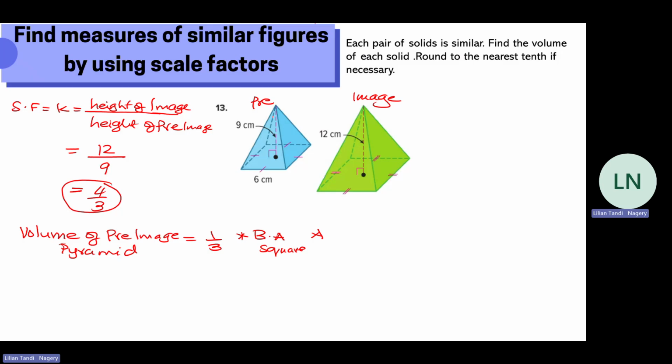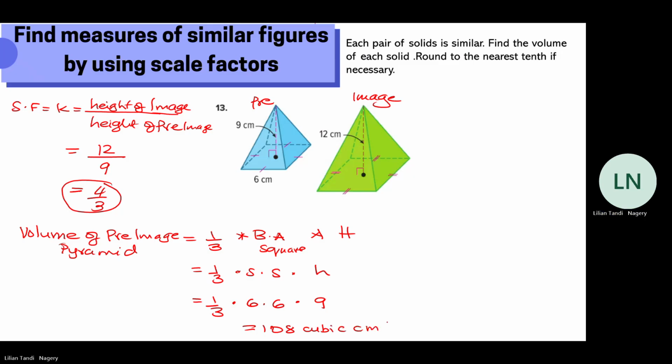And the perpendicular height is 9. So this will be 1/3 multiplied by side times side multiplied by height. This is 1/3 multiplied by 6 times 6 multiplied by 9. And that should give me 108 cubic centimeter. This is important.